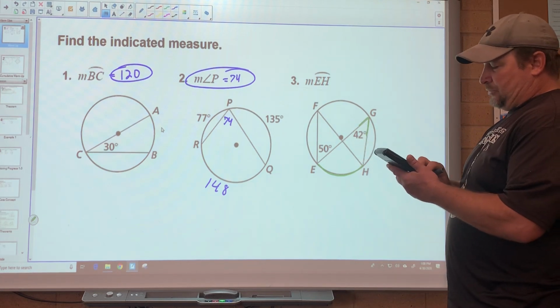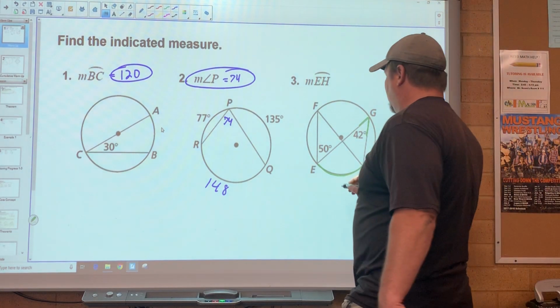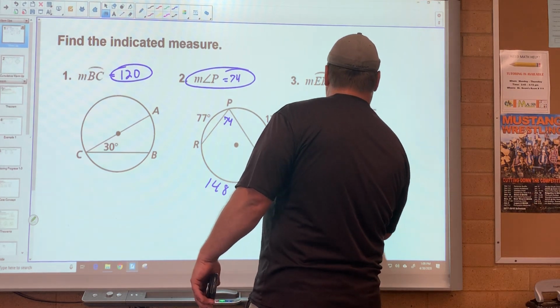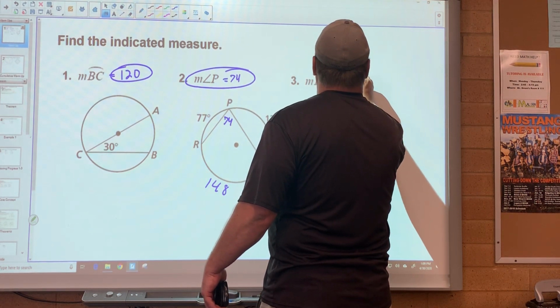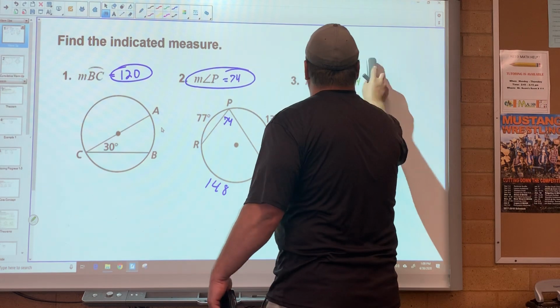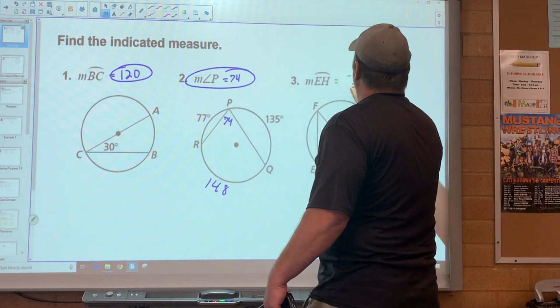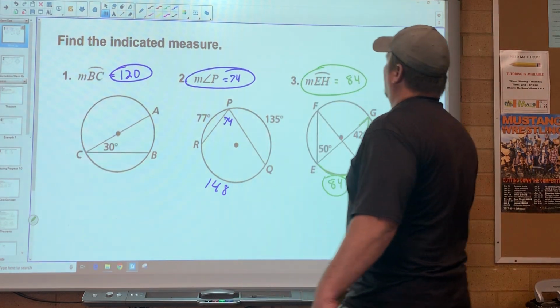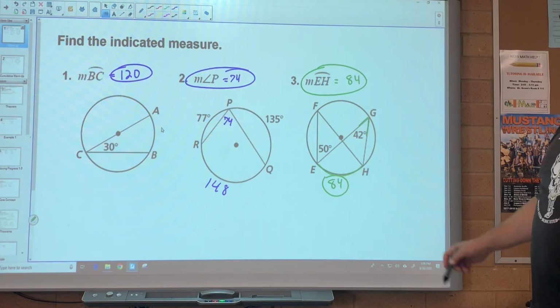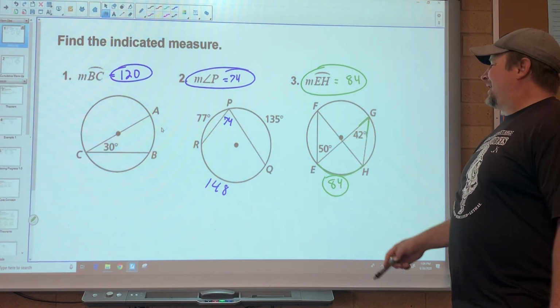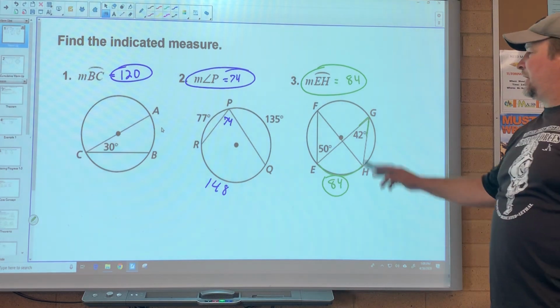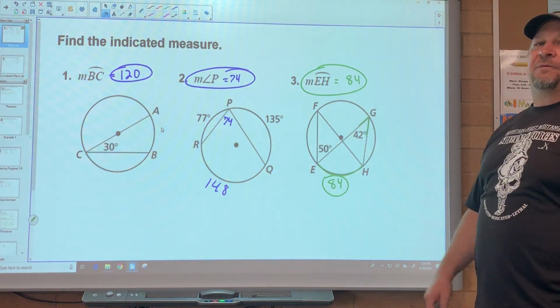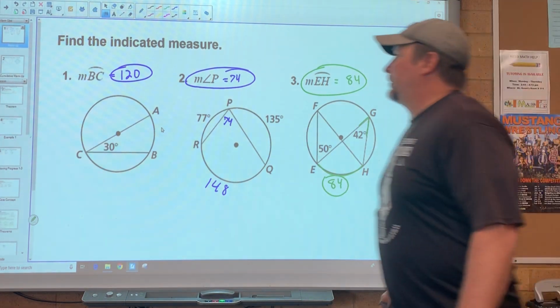So 42 times 2 is going to be 84, and 84 would be that arc we're looking for. They threw the 50 on there, not to confuse you, just to see if you really understood which numbers were going to help you find your answer on that one.